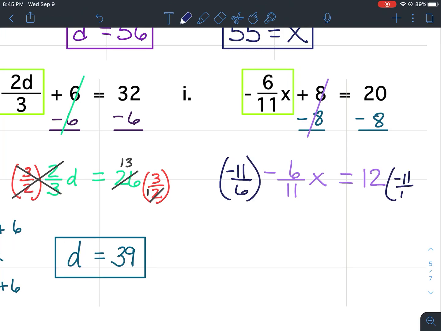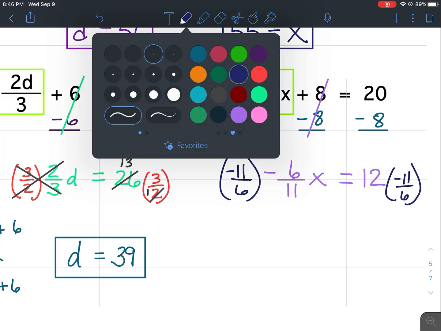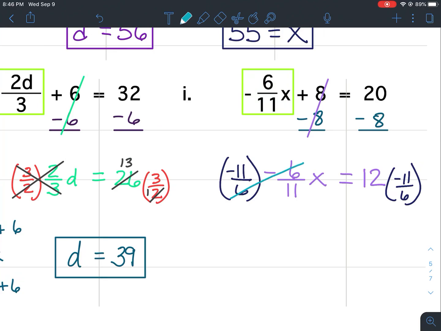So I multiplied both sides by the reciprocal. Cancel the 6, cancel the 11s. On this side, if you want to reduce first, you can. Or, again, you could simply put in your calculator 12 times -11/6. I don't care how you do it, as long as you have the correct answer in the end.